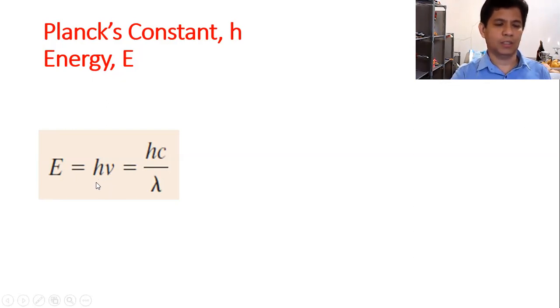Parang magiging watts na siya, watts per atom, kasi joules per second. Anyway, pakicheck na lang yung unit ng 6.62 times 10 to the negative 34. Google nyo lang, Planck's constant. Okay? So, I hope you get this one. This translates your frequency to energy using the Planck's constant.